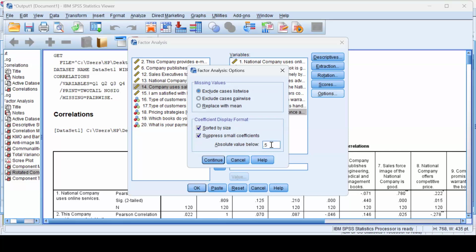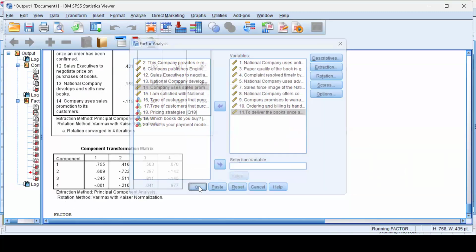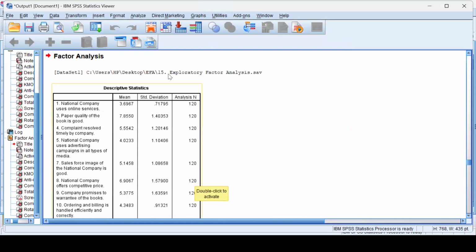I can retain value up to 0.5 because my sample size is appropriate. Is it clear? So continue, and after continue, okay, now I can see the output.